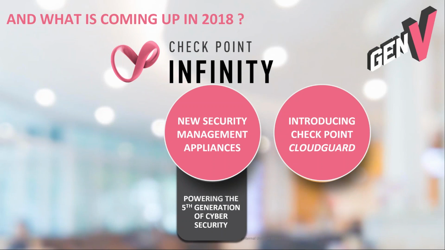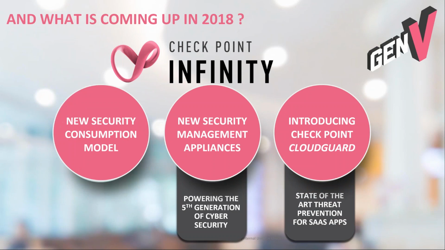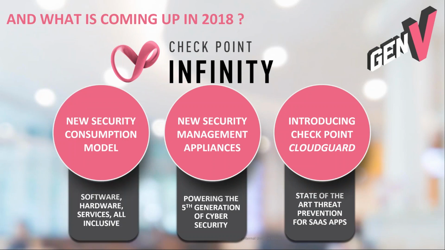We're looking at Check Point CloudGuard that we recently introduced, CloudGuard SaaS and CloudGuard IaaS, which IaaS is our new VSec, and CloudGuard SaaS is our offering for SaaS applications such as G Suite, for example. And last but not least, a new security consumption model, which will let you reach an all-inclusive payment form, pay as you grow, which you're more than welcome to discuss with our various channel partners.